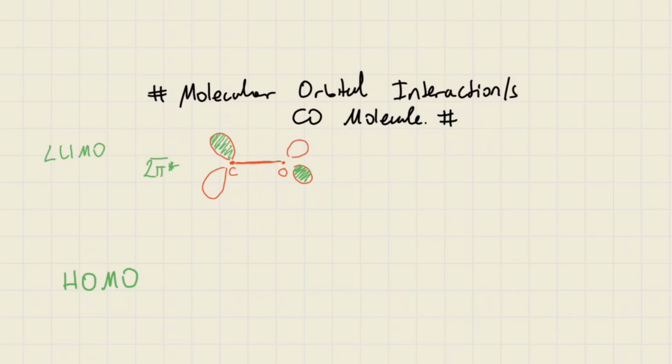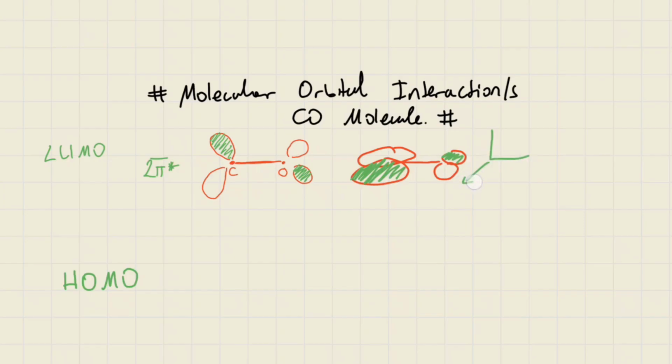And we have HOMO orbitals. By the way, this is one of them. The other is coming towards us. So it seems something like this, right? So again, there's a phase.